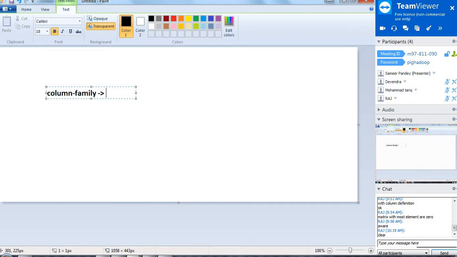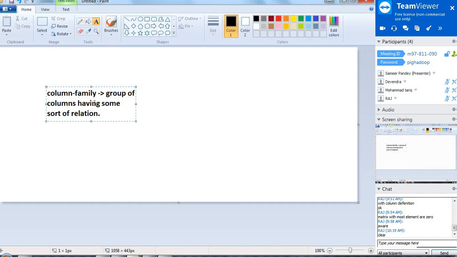The name suggests group of columns, right? Column family means a group of columns having some sort of relation. If it's not clear, let me clarify it.